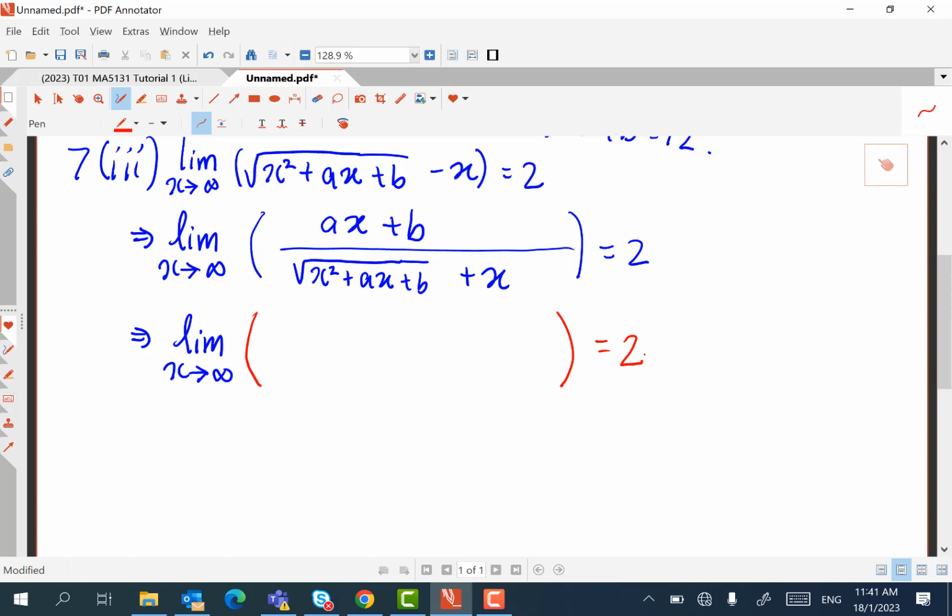Okay, Ting Hui, what do you think I'll write on next line? A plus b over 1 plus a plus, brilliant.